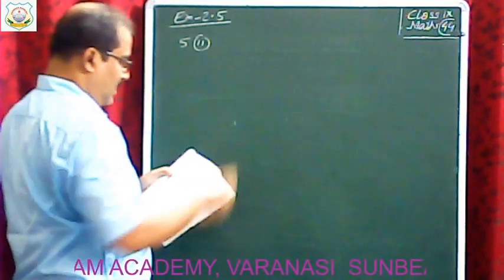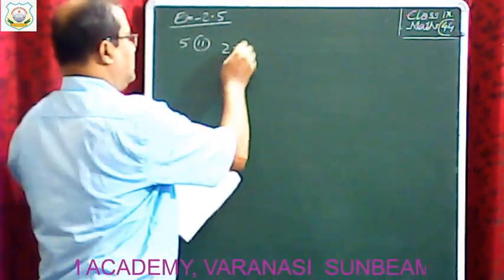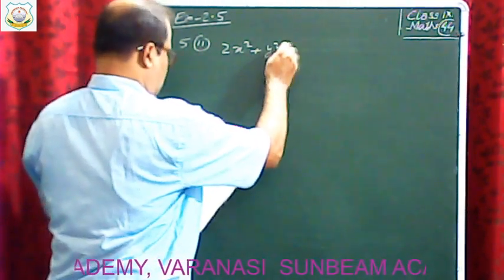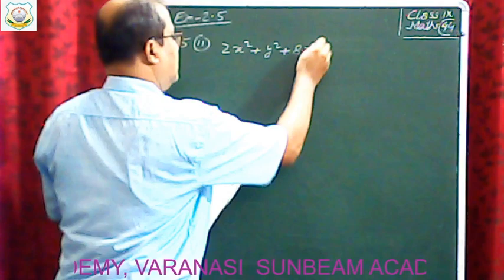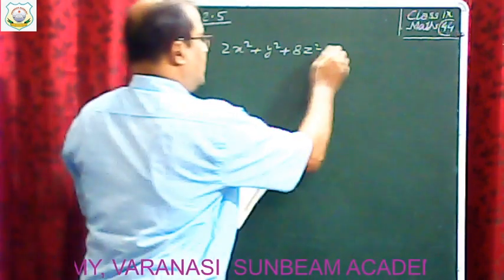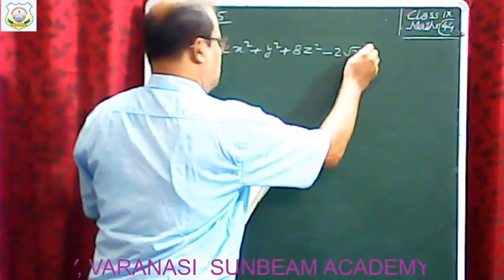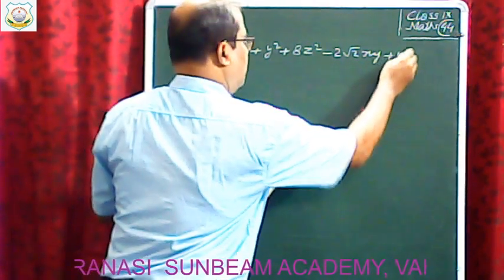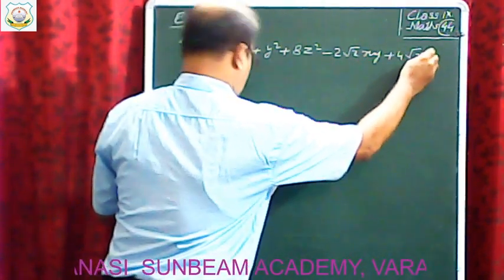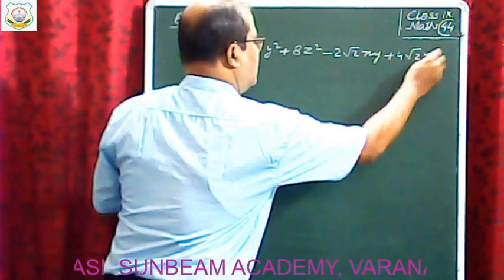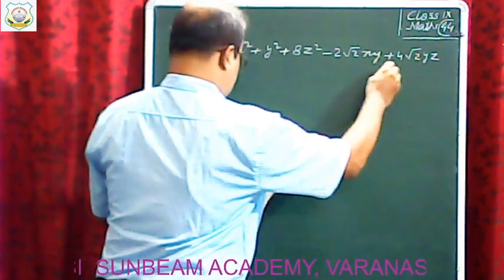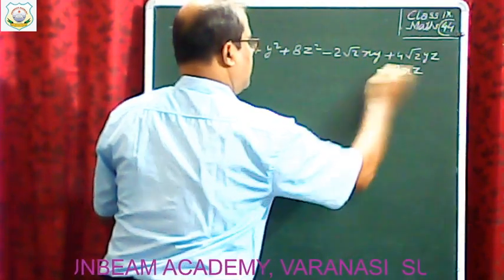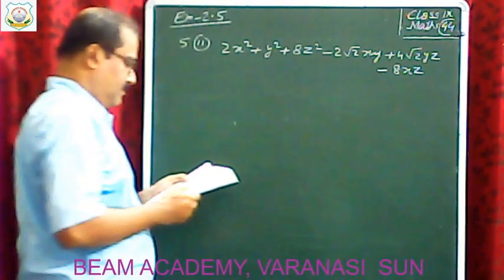You have to factorize 2x square plus y square plus 8z square minus 2 root 2 xy plus 4 root 2 yz minus 8xz. You have to factorize.